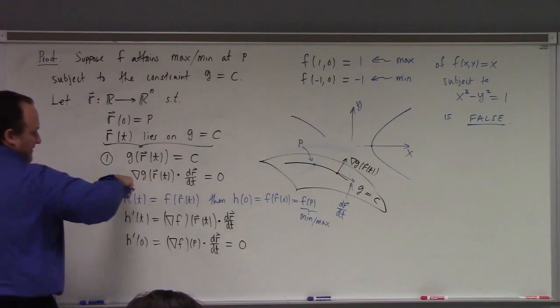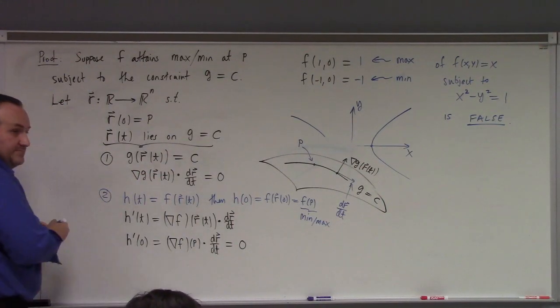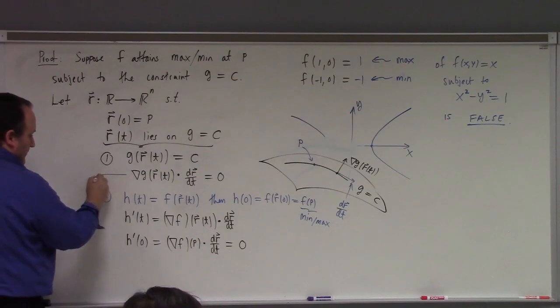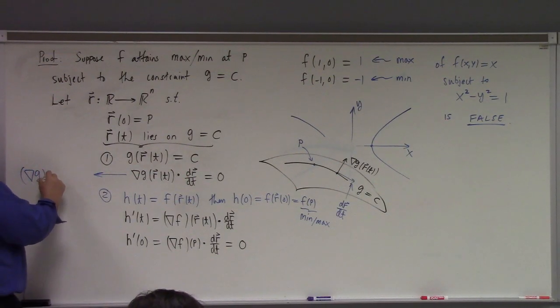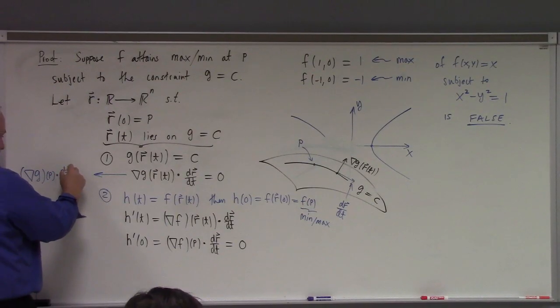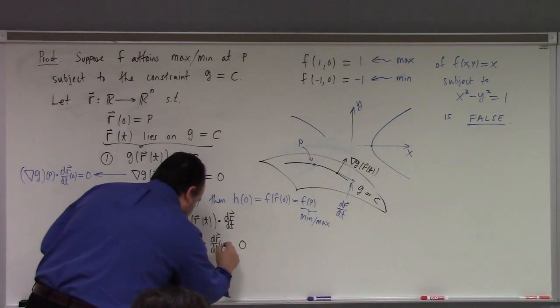This is always true for number 1, but in particular this is true for P. So we can see that the gradient of g at the point P dotted with dr/dt at 0 is equal to 0.